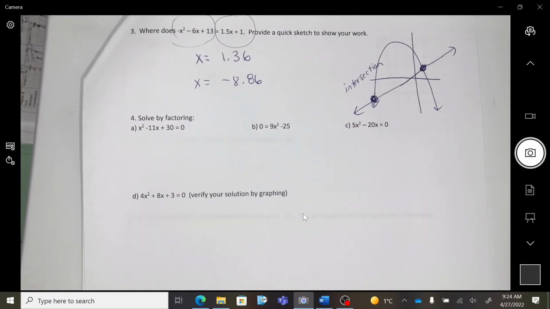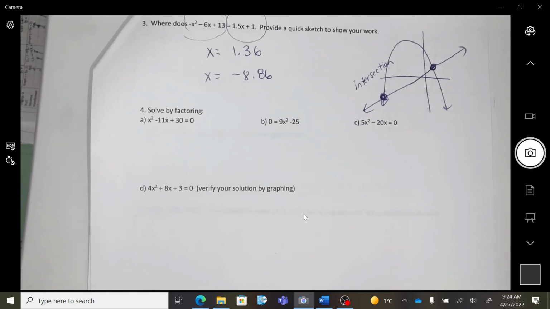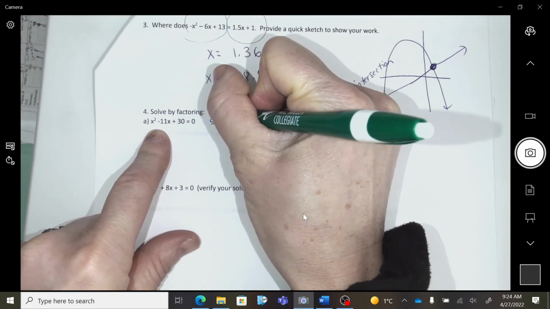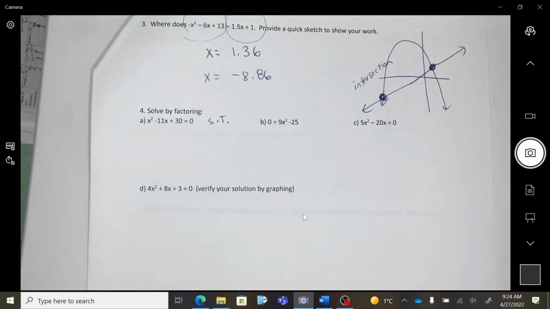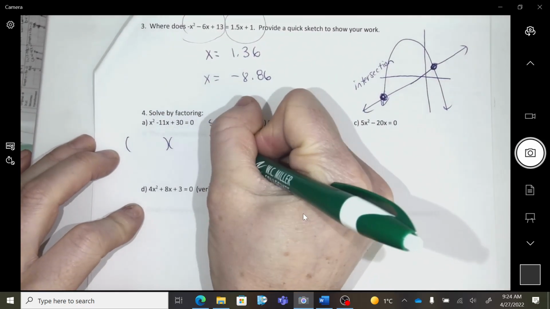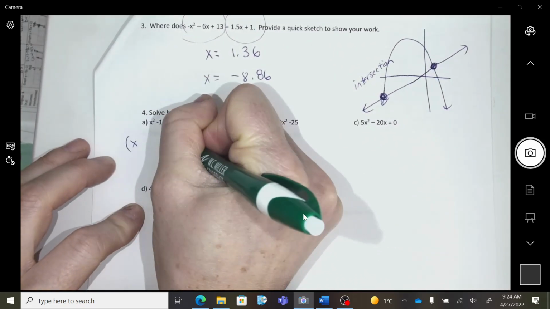Okay, number 4 is your factoring, and you're going to have your 4 types. So number 4A, this one is a simple trinomial. So give me 2 brackets, x times x.